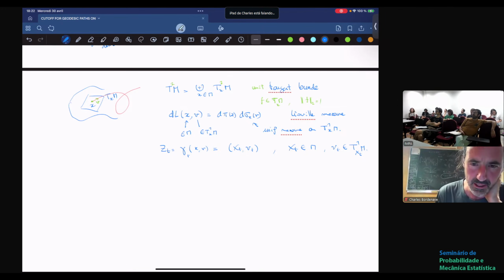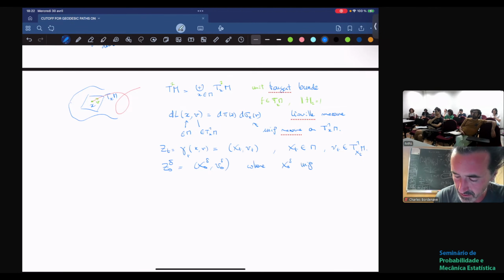And so what we will do, we will consider an initial condition. We will take Z_0, which will depend on delta, of the form (X_0^delta, V_0^delta), where X_0^delta is uniform on a ball of radius delta around x_0.